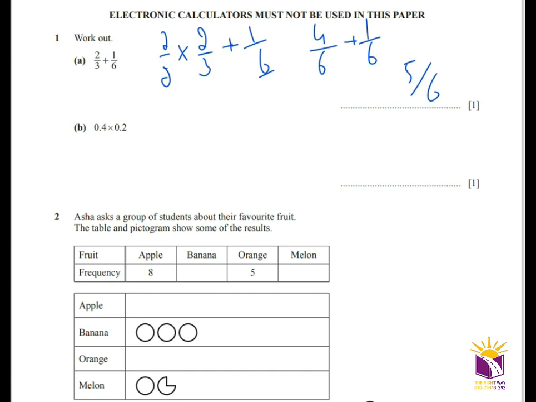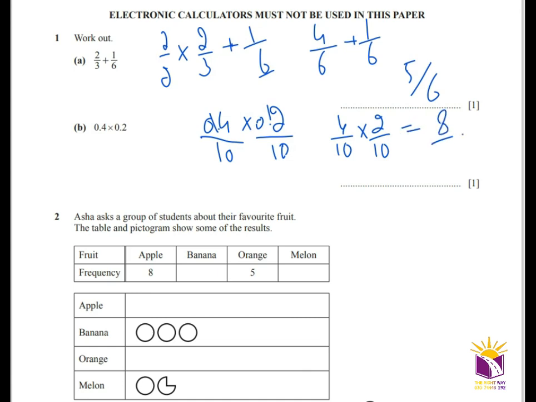0.4 multiply 0.2. So by removing the point we will get 4/10 and 2/10. So 4/10 multiplied by 2/10 will be equal to 4 times 2, which is 8, over 100, and 8/100 can be written as 0.08.